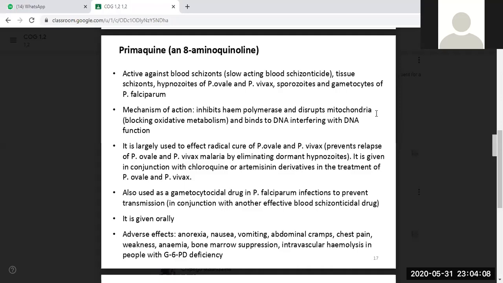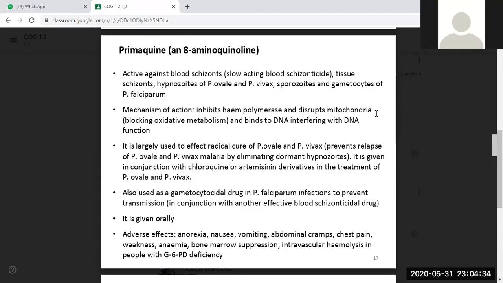It is also used as a gametocidal drug in Plasmodium falciparum infections to prevent transmission. Okay? When it comes to Plasmodium falciparum, it's basically to prevent transmission, because here it works in conjunction with other effective blood schizontocidal drugs by killing off the gametocytes.